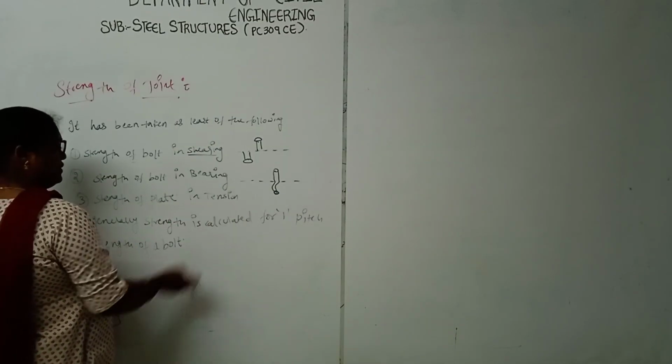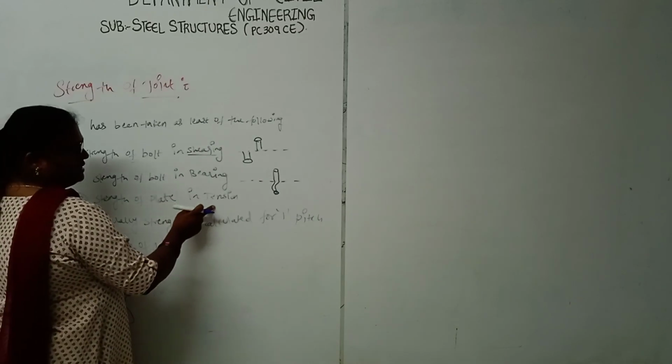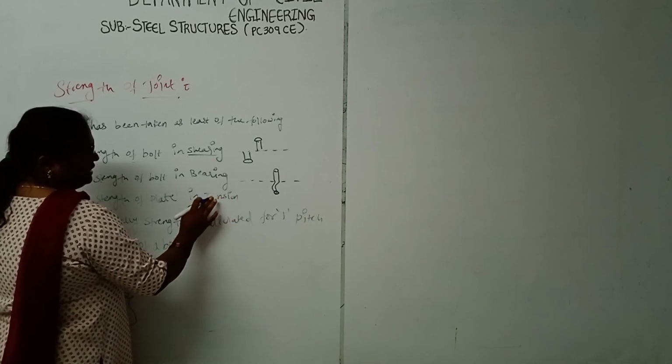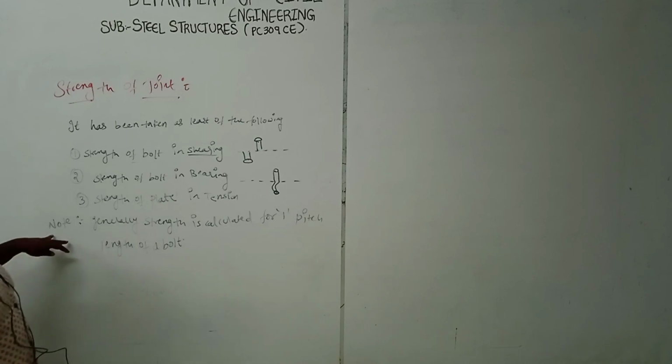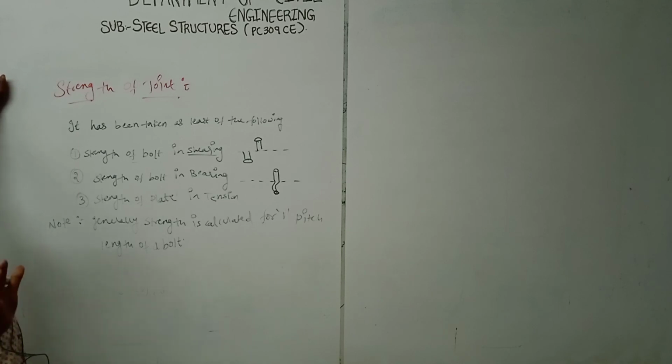Tension will be occurring for your plate, so that is also known as the tearing. Here it is the tension. I have written one note. Tension means your plate will be tearing and it will split into two pieces.